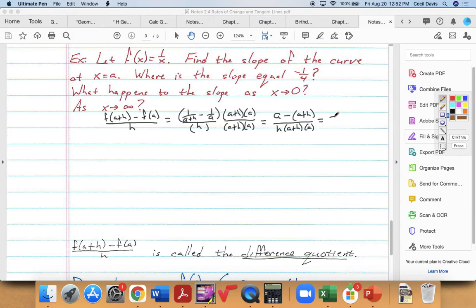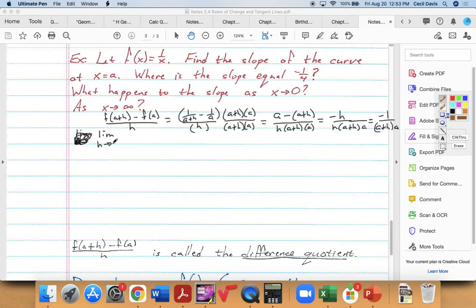So this is going to be equal to negative h over h times a plus h times a, which is negative 1 over a plus h times a. Then if we take the limit of that as h goes to 0, not x, I was just thinking, tell the people not to write x because we're so used to doing that.